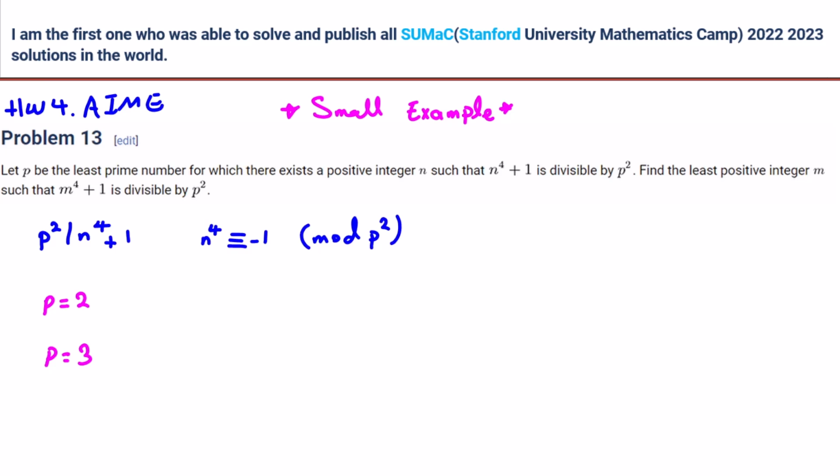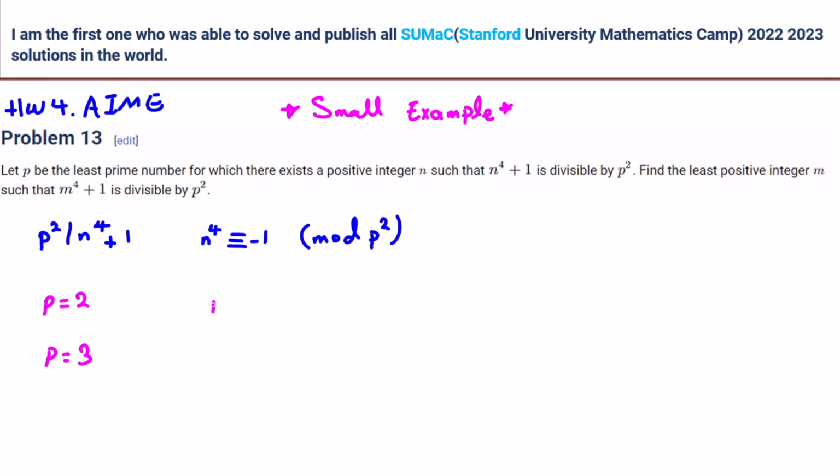So I reached p divides n to the GCD of p minus 1 and 8, minus 1. Can you explain what you have done? So if p squared divides n to the 4 plus 1, then p divides n to the 4 plus 1 because p is prime.